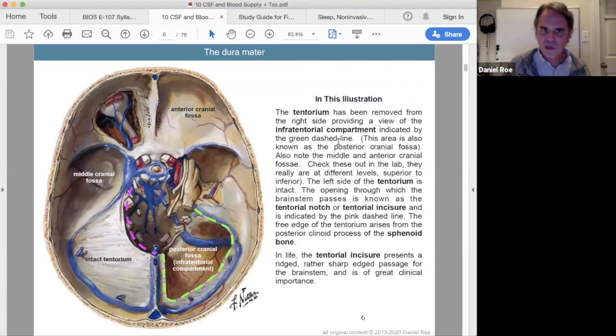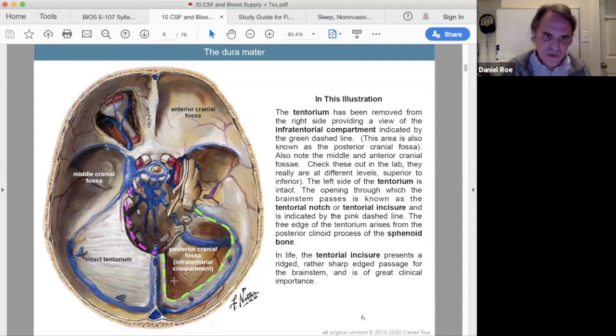And then going forward. So here we go. Here we have the anterior cranial fossa, where the frontal lobes lie over the anterior cranial fossa. Middle cranial fossa, your temporal lobes lie in there. And then here you can see the intact tentorium cerebelli on the left side, and it's been artistically dissected away here on the right side.